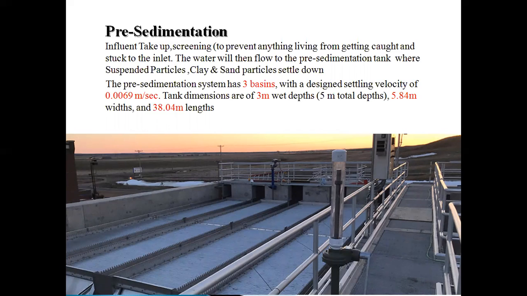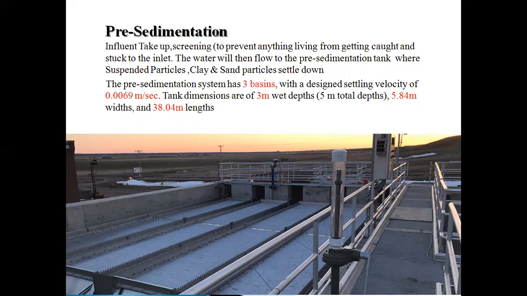is allowed to pass through the screen chambers in order to stop and prevent large particles, and then is allowed into pre-sedimentation tanks. In my project, there are three basins where the raw water is raised, and the settling velocity of each tank is 0.065 meter per second.